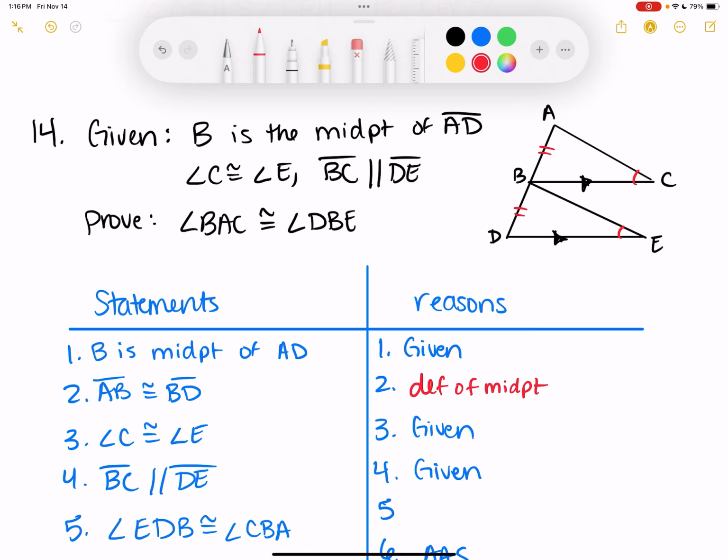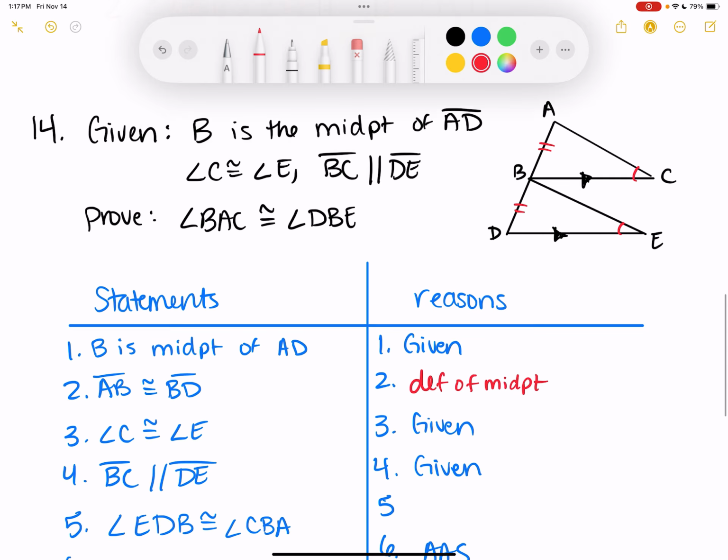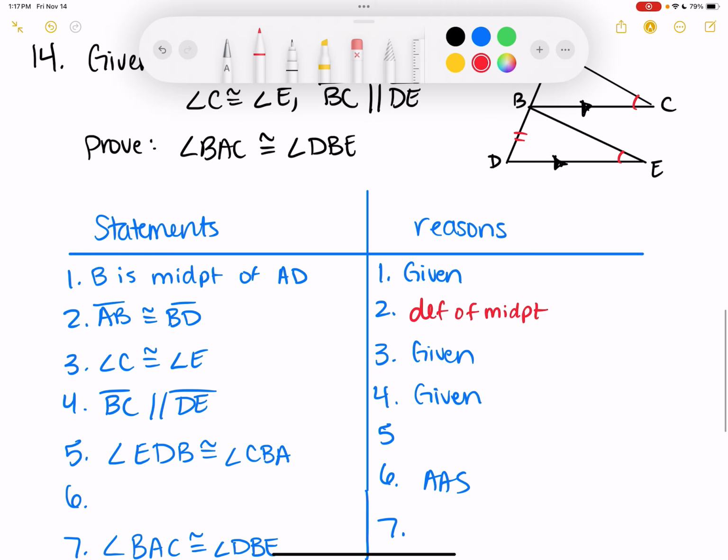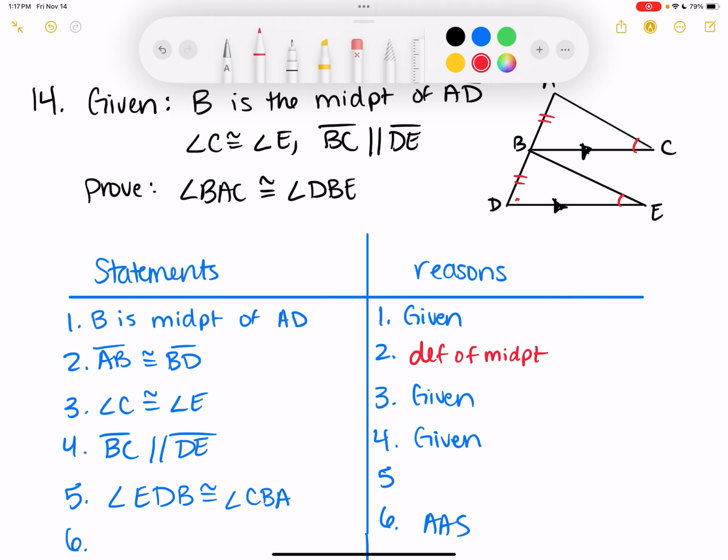Now, I probably would have marked that right away on my picture as soon as I saw this, before I even did the proof, if this wasn't a fill-in-the-blank proof. Then from there, we have our other given information that angle C is congruent to angle E, BC is parallel to DE, and then we go down to angle EDB, this angle right here, which is congruent to angle CBA, this angle right here.